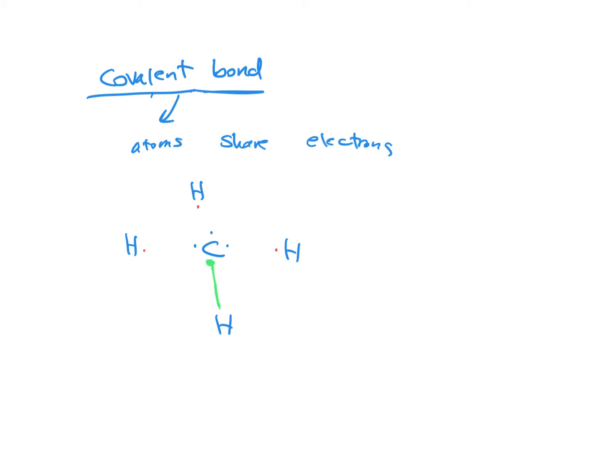So we have 1 electron here, 1 electron here, the same thing here, the same thing here. So sharing of these 2 electrons we show with this line or dash. And now this carbon has 1, 2, 3, 4, 5, 6, 7, 8, so it reaches an octet. Basically this carbon has all of these 8 electrons, and this hydrogen has these 2 electrons.